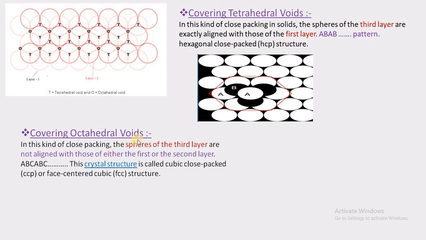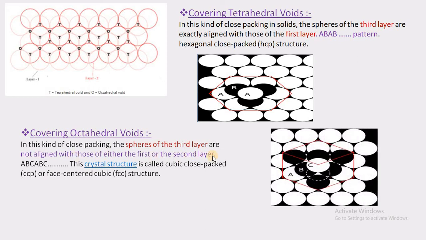Now covering octahedral voids. The other type of voids present are octahedral voids. In this kind of close packing, the spheres of the third layer are not aligned with those of either the first or the second layer. That means we place the spheres of the third layer neither on the spheres of the first nor on the second layer.